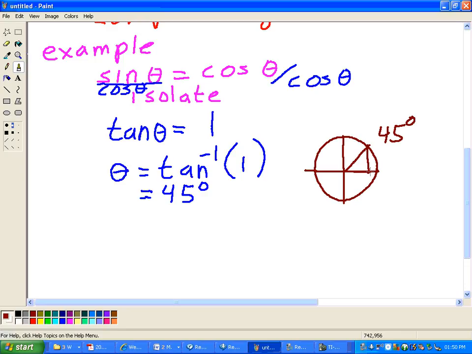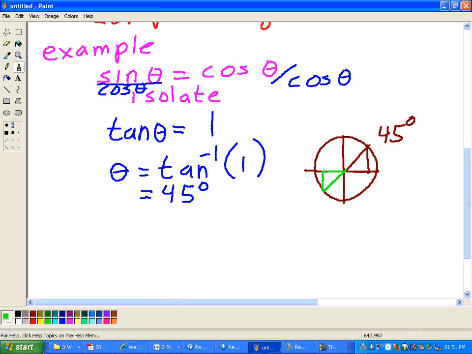There's another place that tangent does this. No, it's on the other side of the circle, because if I did that, the 135 cosine would be negative, but sine would be positive. So for tangents, if you go to the other side, the cosine and the sine are both equal.